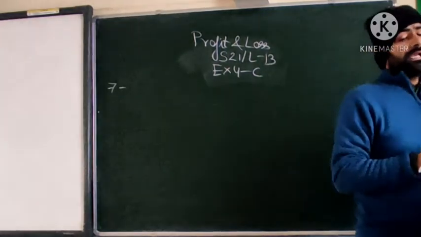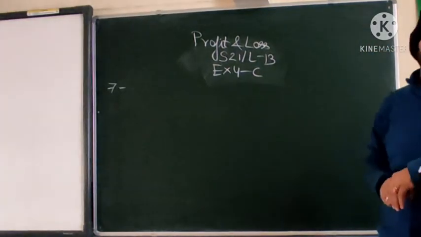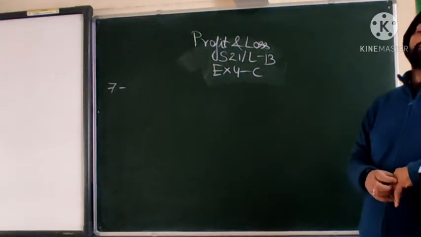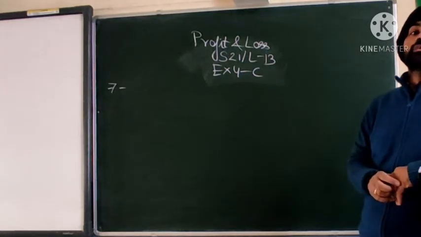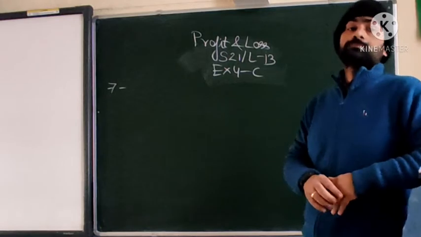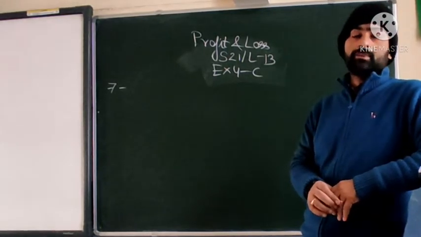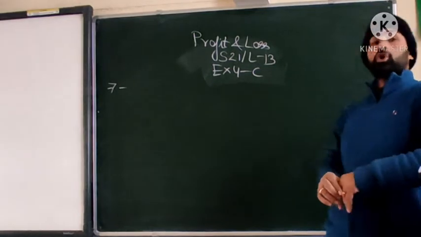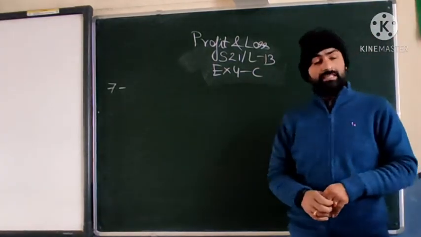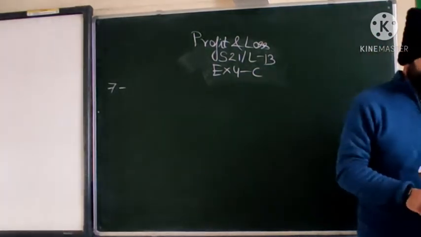So certain taxes are added to the cost. The actual cost at which the seller would have sold to you would be lesser excluding the tax, but taxes are also imposed on the good. That's why it becomes a little bit costly.